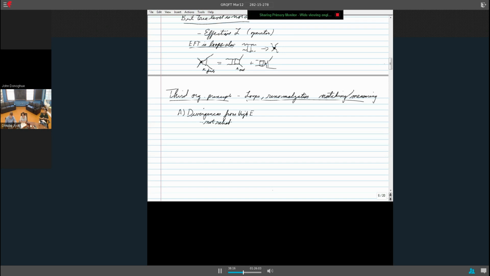So let me just do the philosophy here, and then we'll take an extended example where we do all these things. Okay, so here we go back. We know the divergences are from high energy. Okay, so I'm taking my effective Lagrangians and doing loops. Those divergences are not necessarily reliable.